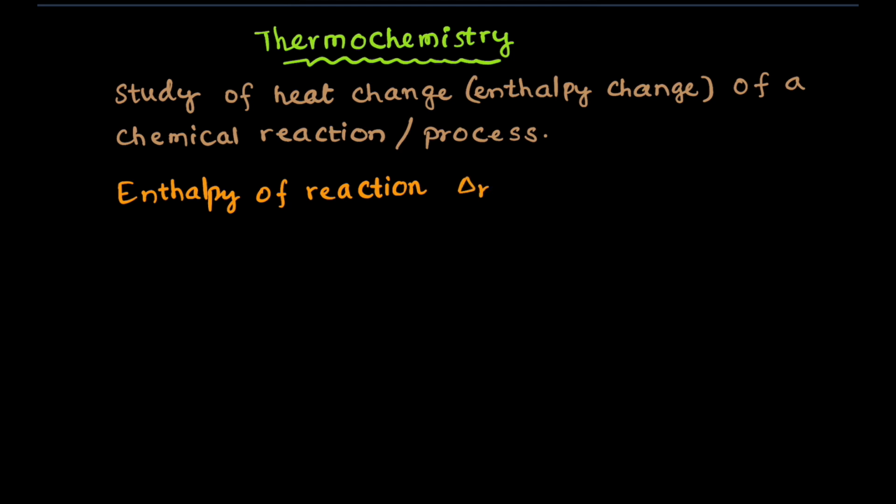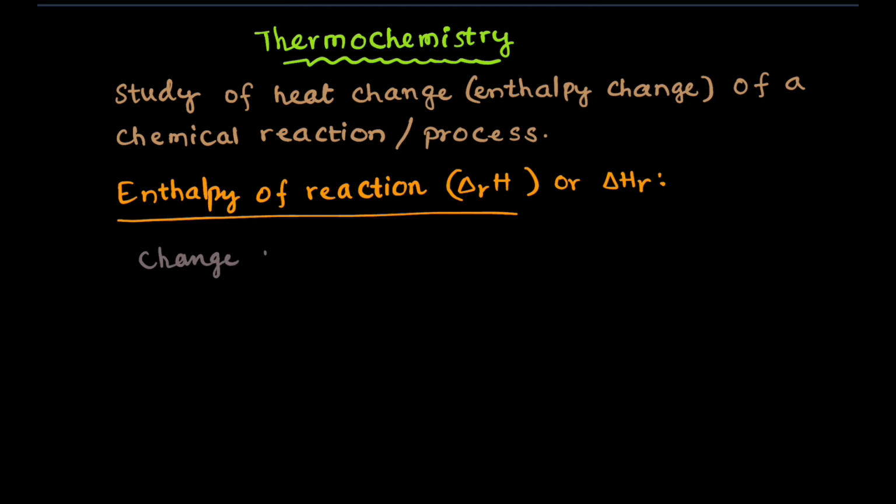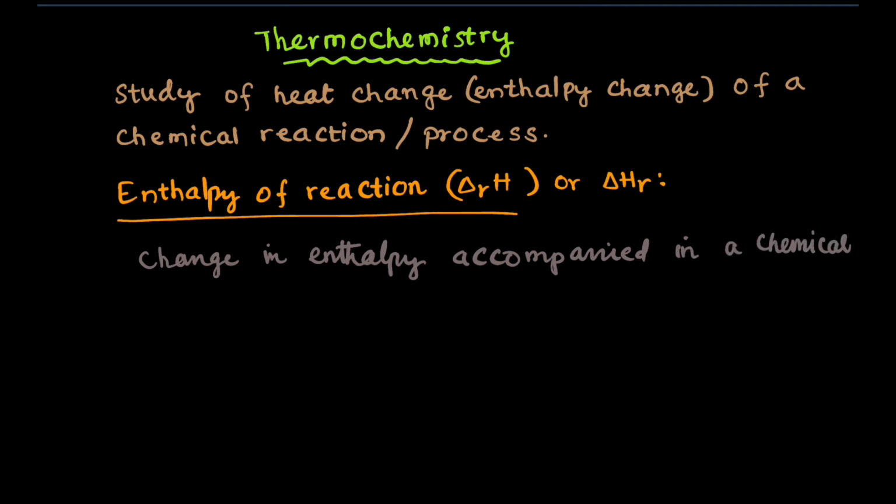Enthalpy of reaction is one of the terms involved in thermochemistry. It is represented by delta rH, or delta H in the old term, and the new term is delta rH. So what is the definition of enthalpy of reaction? Change in enthalpy, or you can use the words enthalpy change, accompanied in a chemical reaction, or that may be a process also.